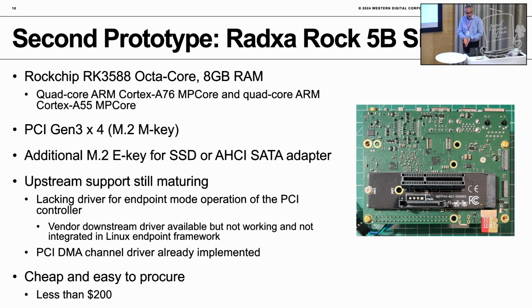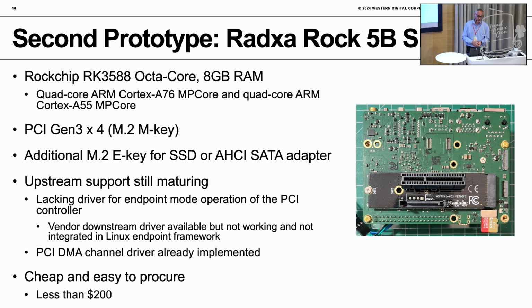Hopefully, we got an update. Rockchip put out the RK3588, the evolution of the 3399, which was the Rock Pro 64, with much better performance, better CPUs, PCI Gen 3, and an additional M.2 E key for putting SSDs or SATA adapters there for our backend storage.